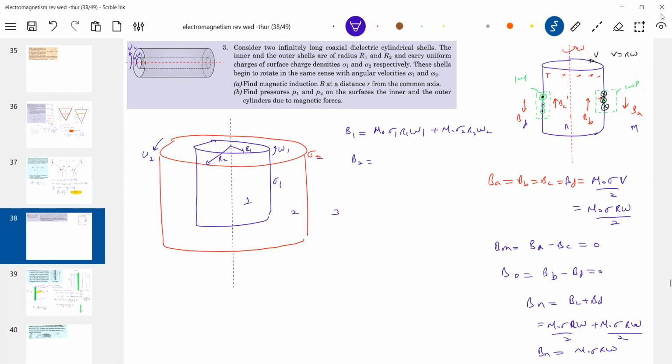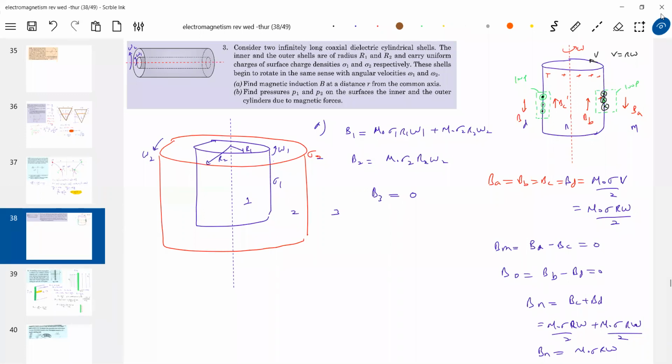Field at 2 due to the inner cylinder will be 0, only due to the outer cylinder: mu naught sigma 2 r2 omega 2. What about field at 3? It will be 0. See, we should have our fundamentals a bit systematic. Then this question will be easy to manage.